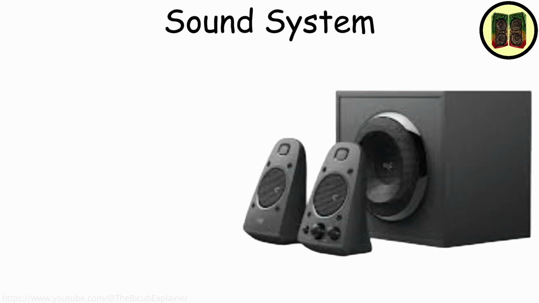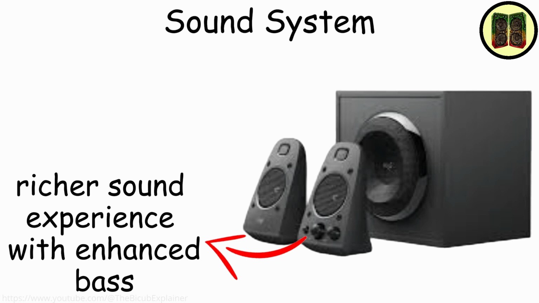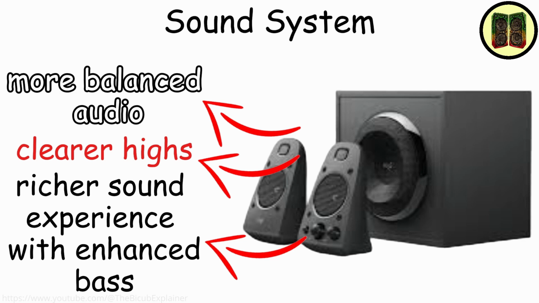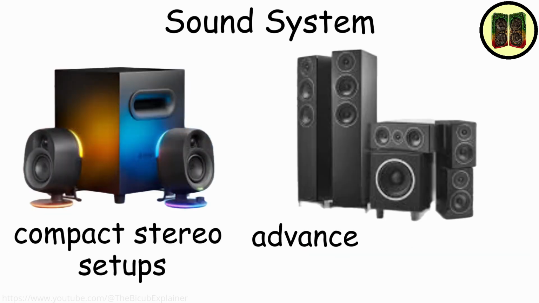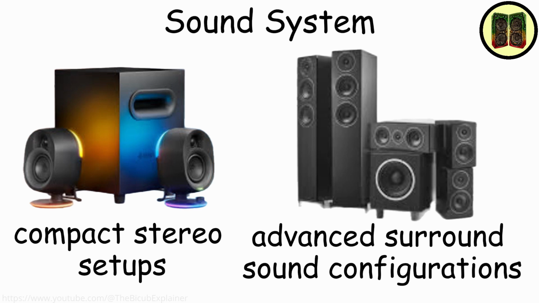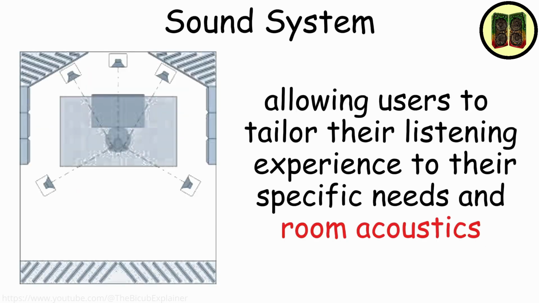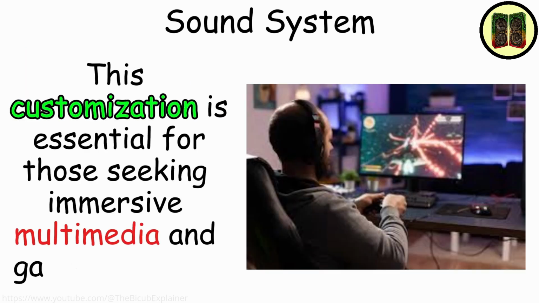External speakers typically offer a richer sound experience with enhanced bass, clearer highs, and more balanced audio. They can range from compact stereo setups to advanced surround sound configurations, allowing users to tailor their listening experience to their specific needs and room acoustics. This customization is essential for those seeking immersive multimedia and gaming sessions.